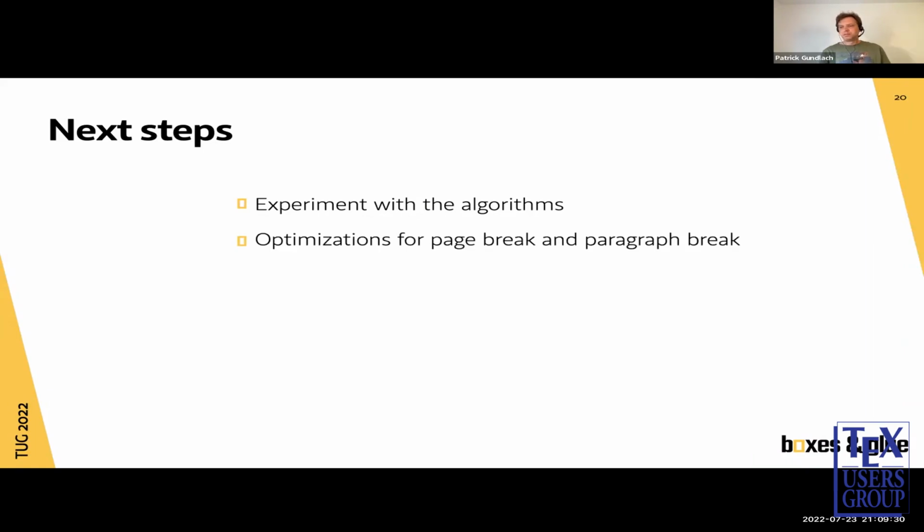The page break algorithm could be optimized in such a way to take a range of pages and to find the optimum page break. When TEX was programmed, we only had a few kilobytes of computer memory.